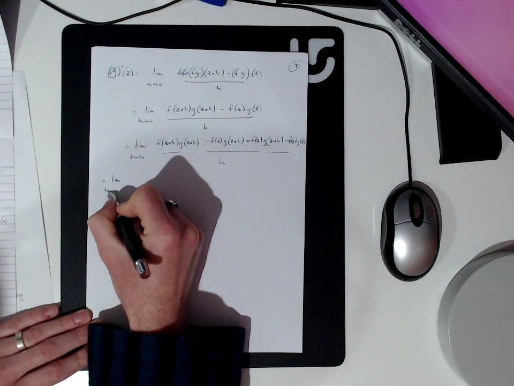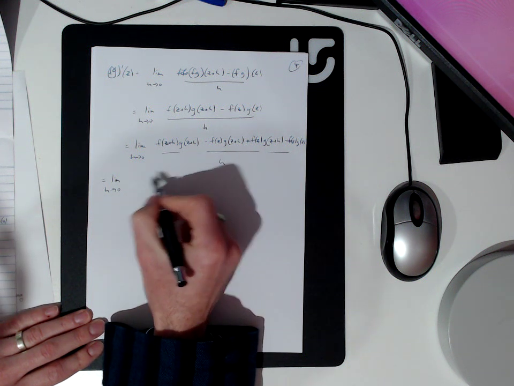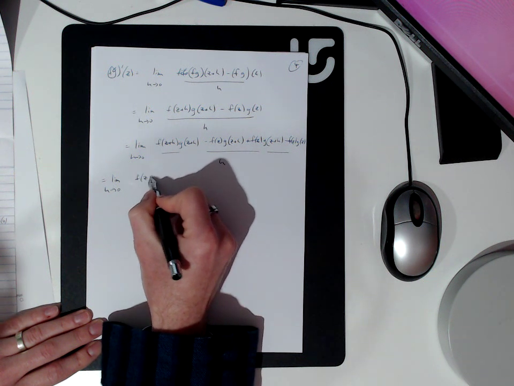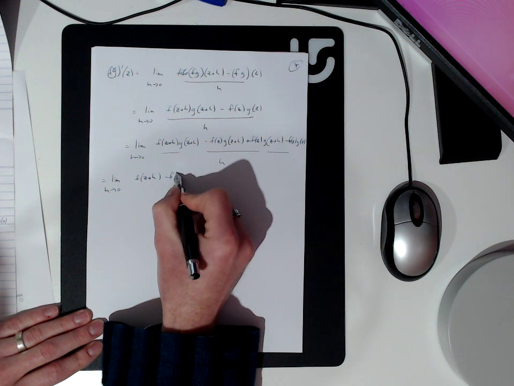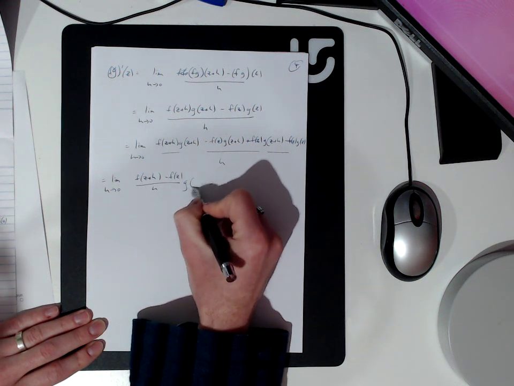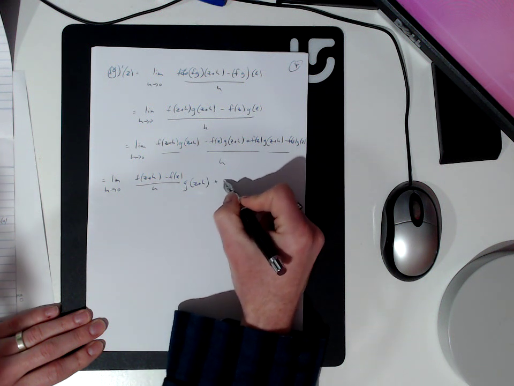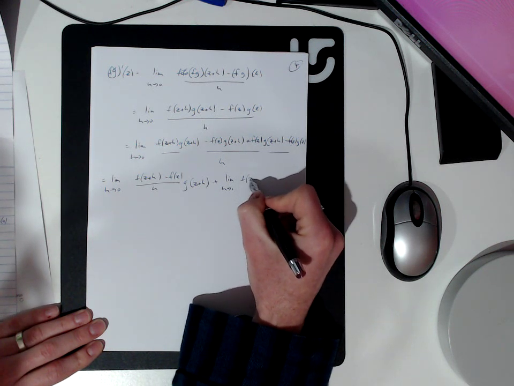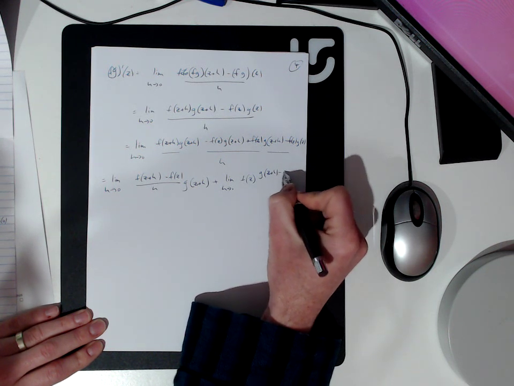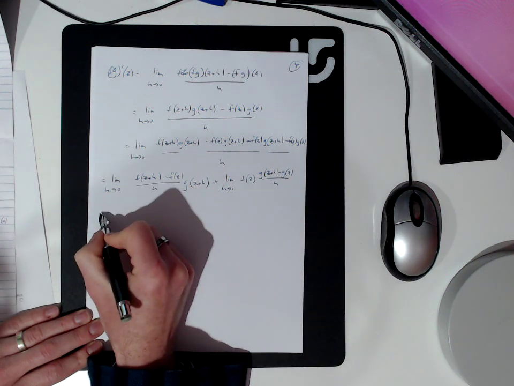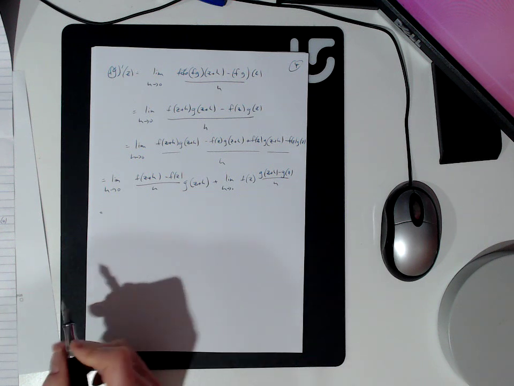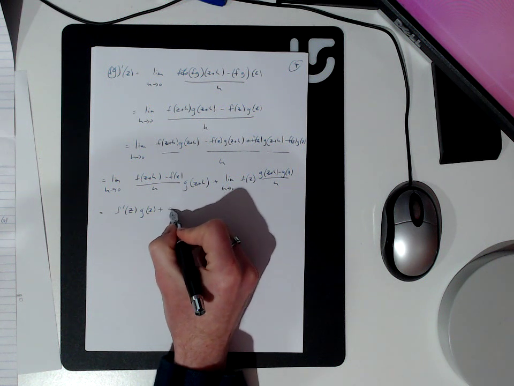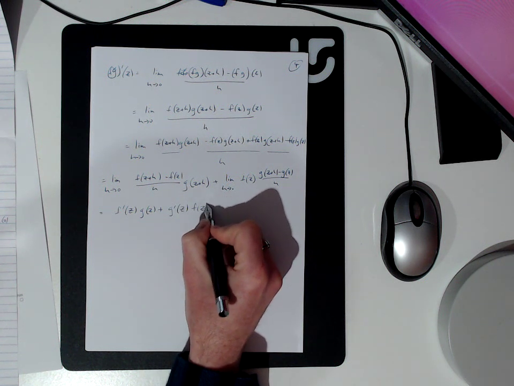This is equal to the limit as h goes to 0 of, and we split stuff up now, (f(z plus h) minus f(z)) over h times g(z plus h), plus the limit as h goes to 0 of f(z) times (g(z plus h) minus g(z)) over h. And since the limits of the various terms all exist, this is f'(z) g(z) plus g'(z) f(z), as required.